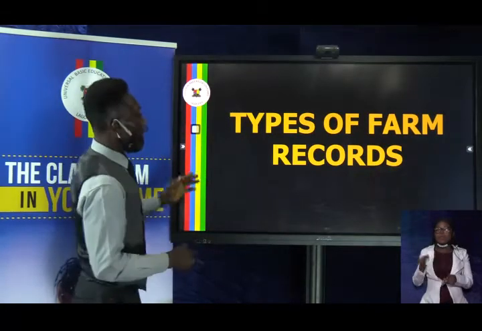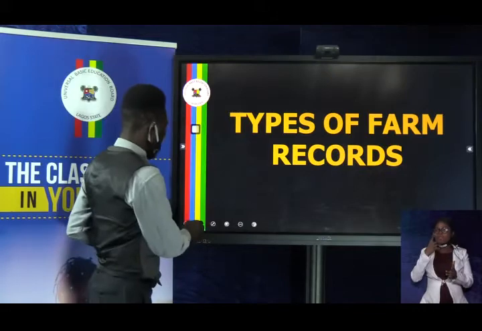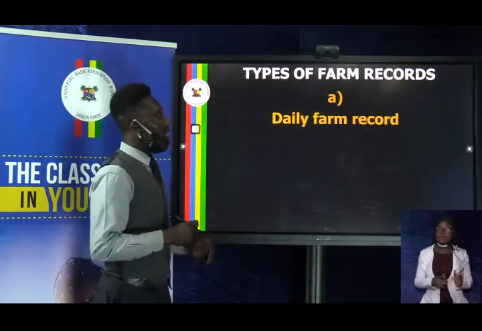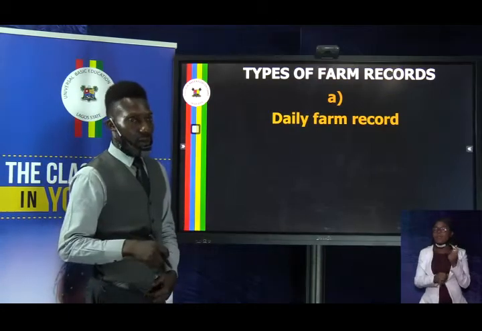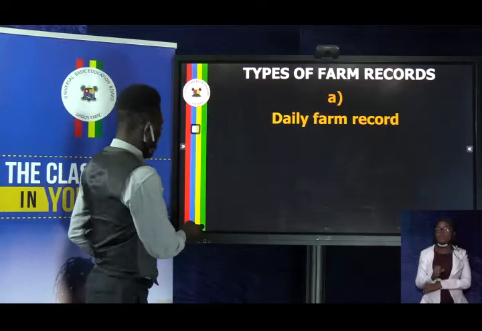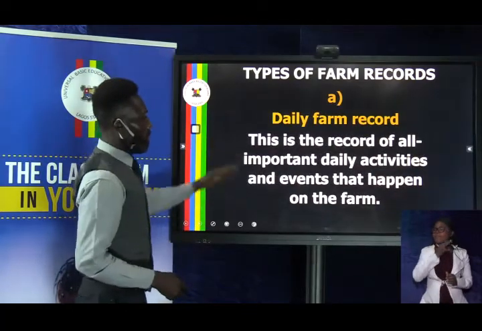What are the different types of farm records that we have? Types of farm records. Number 1: daily farm record. Say after me, daily farm record. Good. What do we use this for?